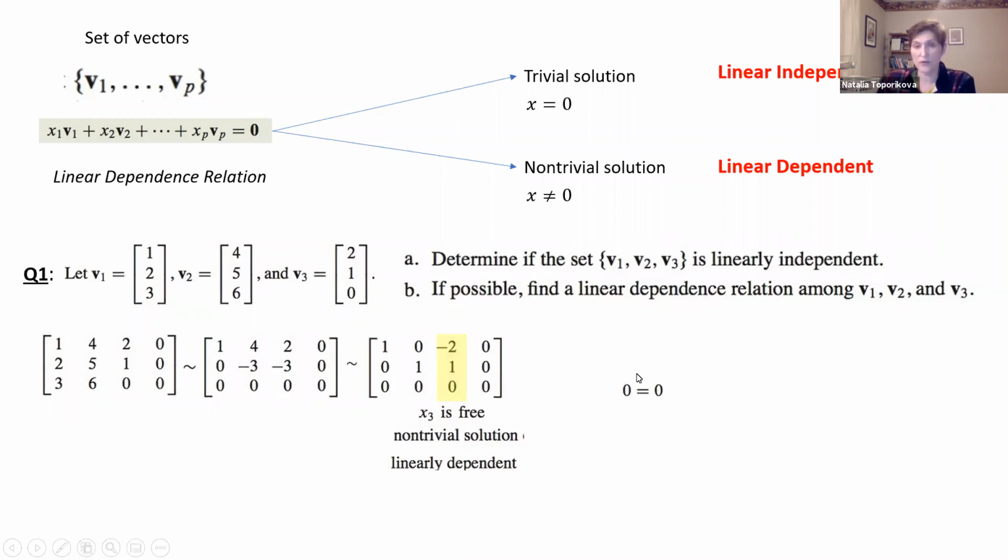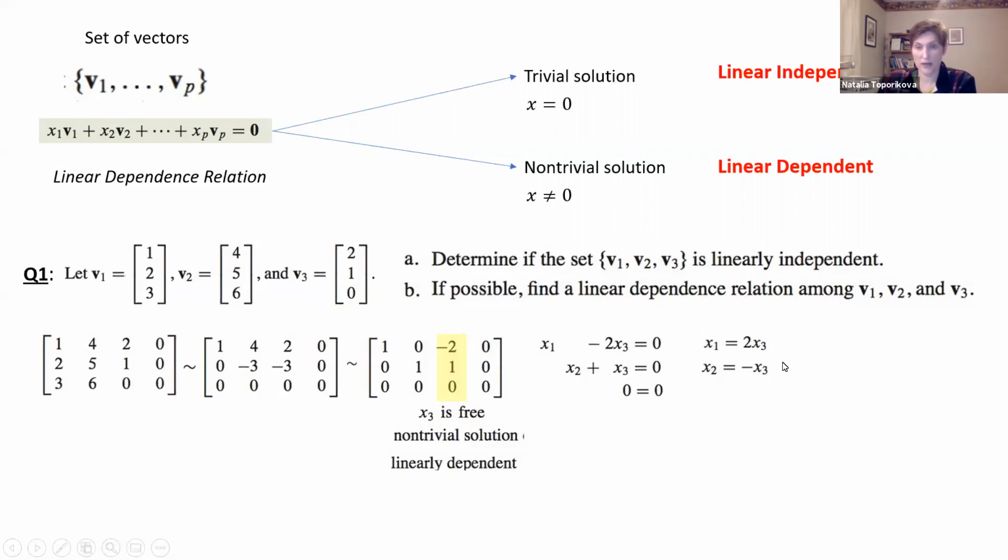We need to make sure that a valid solution exists. Then we go ahead and write the second row, which gives us the variable x2 in terms of our free variable x3. And then we repeat for the first row, which again gives us the variable x1 in terms of the free variable x3.